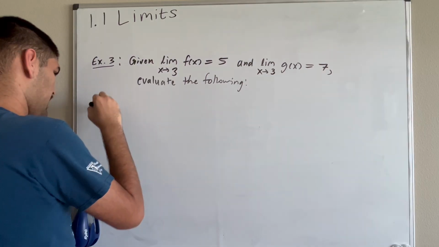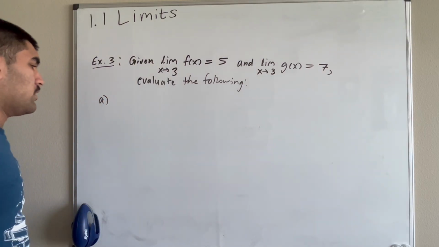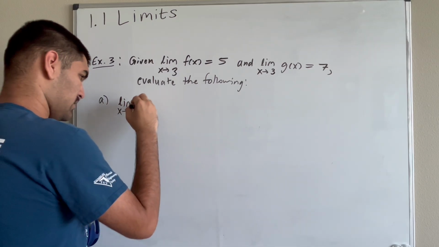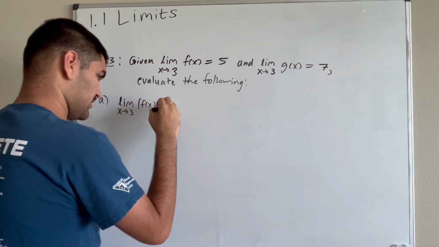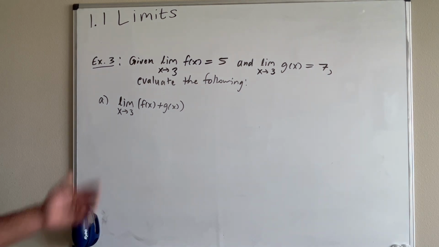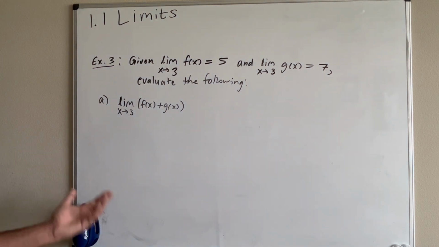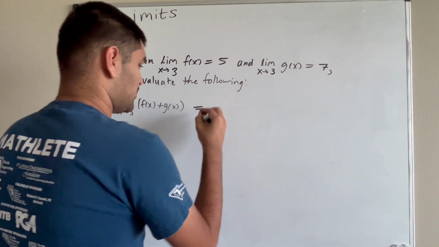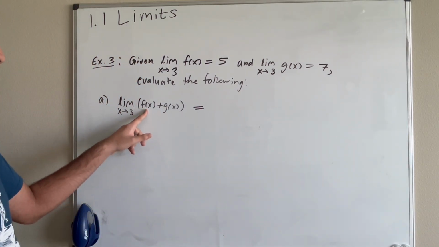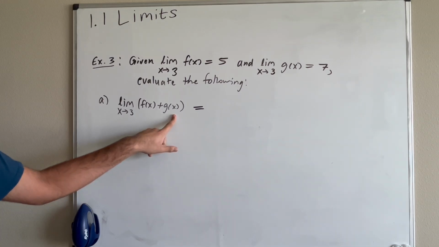A. We want to evaluate the limit as x approaches 3 of f of x plus g of x. We know from our limit laws that this is just equal to whatever the limit for f of x was plus whatever the limit for g of x was.